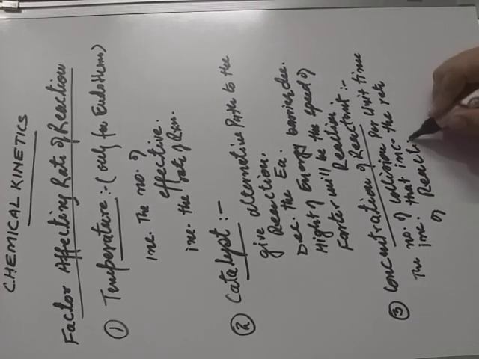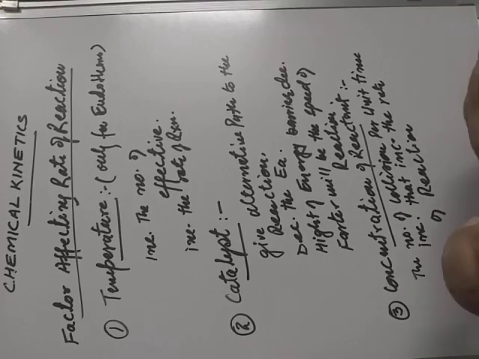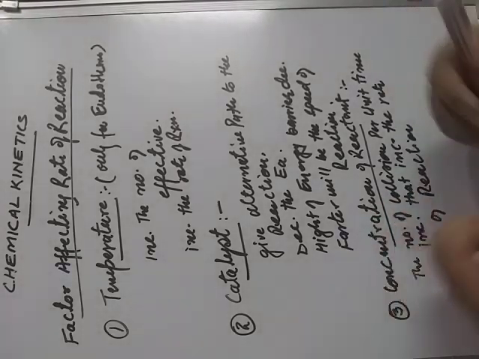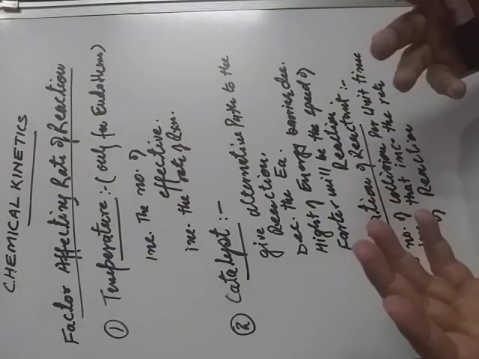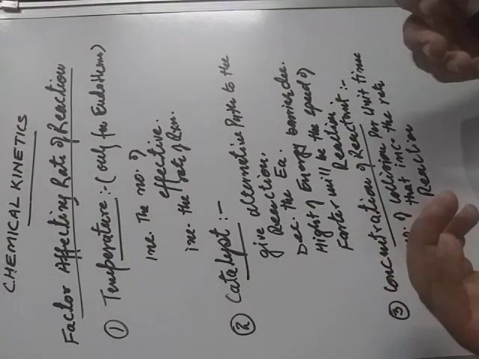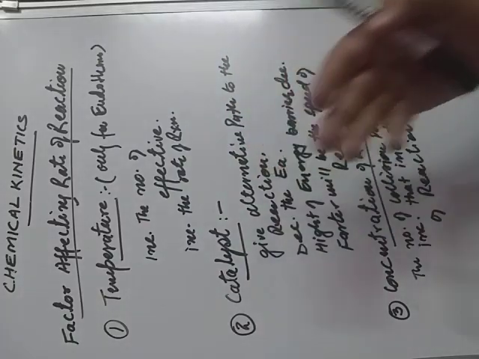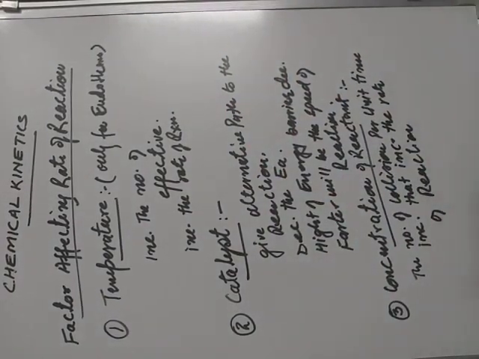Is it okay? So the number of collisions increases. It means the number of effective collisions also increases, so the rate of reaction also increases. So that is how temperature, catalyst and concentration of reactant affect the rate of reaction. Please take the screenshot of this.